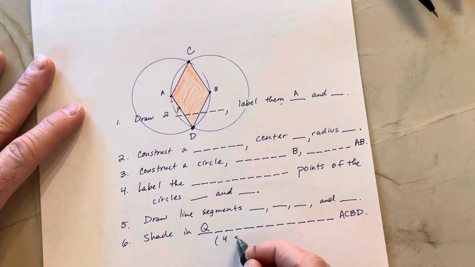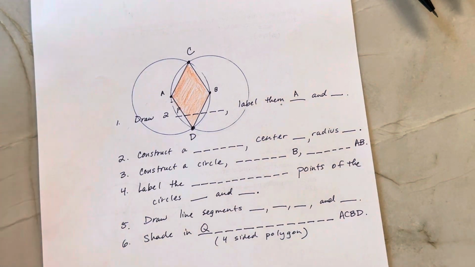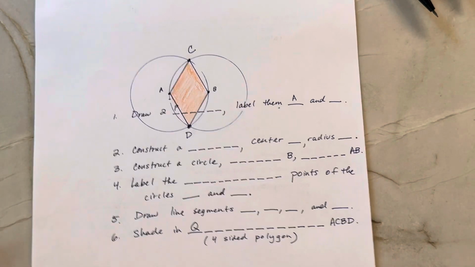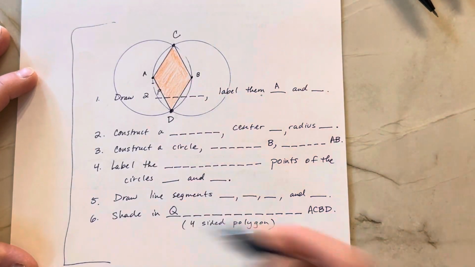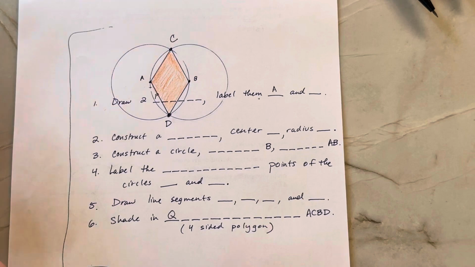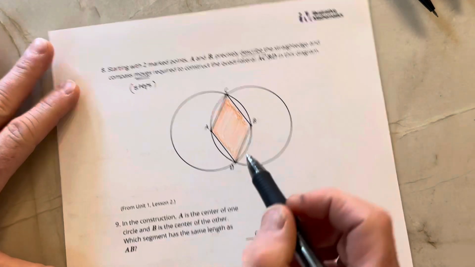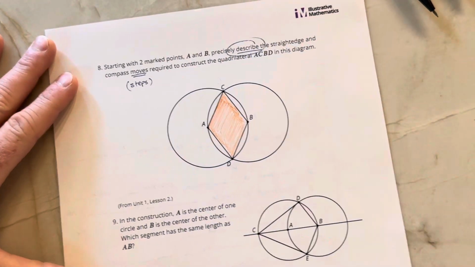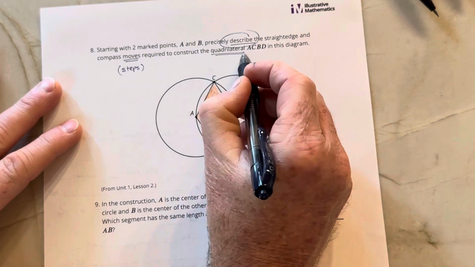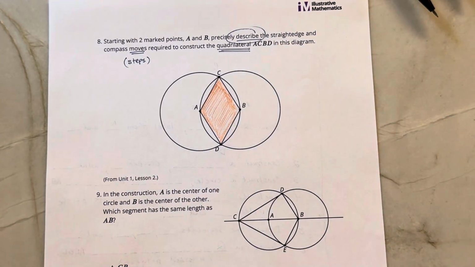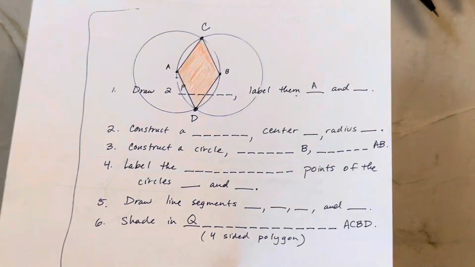This is a 4-sided polygon. All right, so this whole thing with all your fill in the blanks, which you're gonna have to figure out, is your answer to describe the straight edge and compass moves required to construct quadrilateral ACBD in this diagram. All steps are here. I redrew it for you.